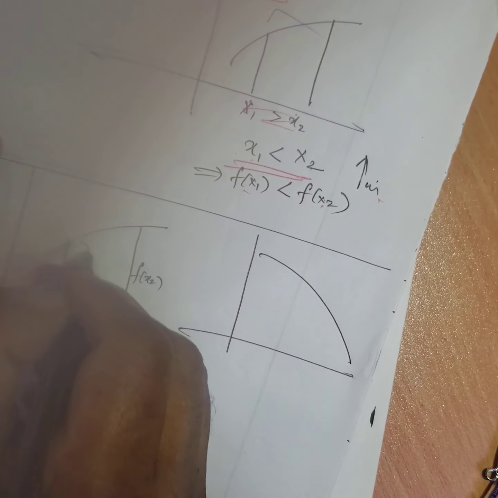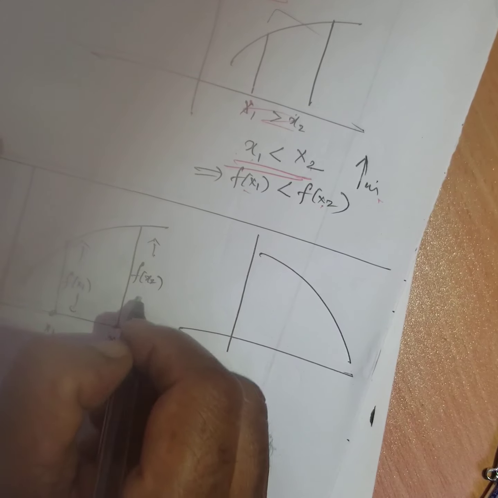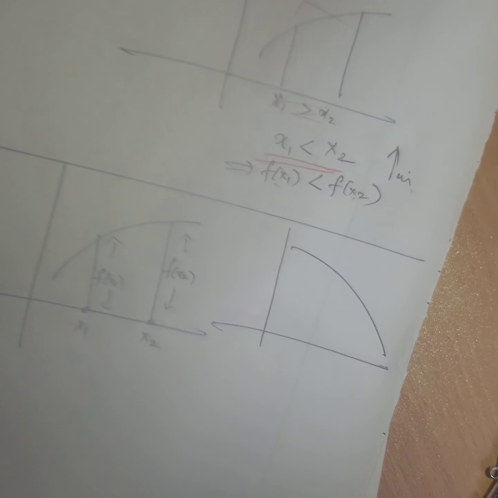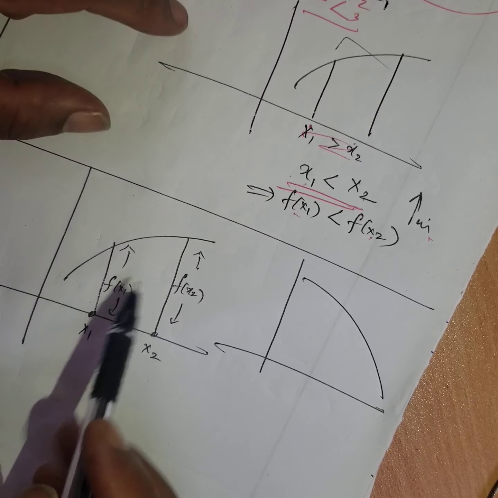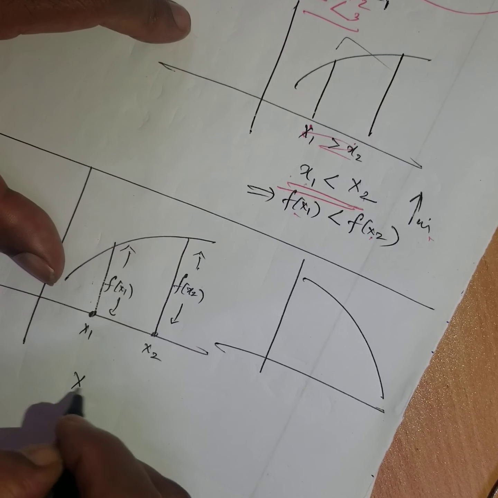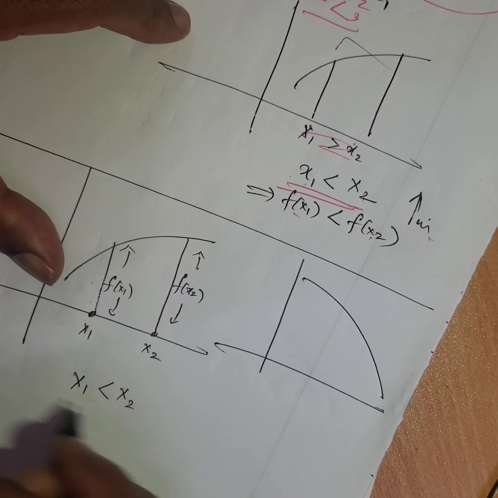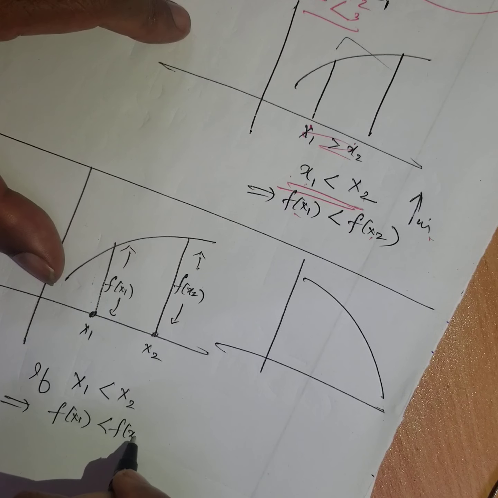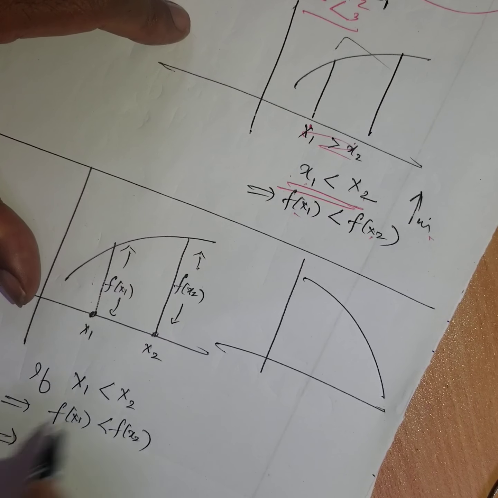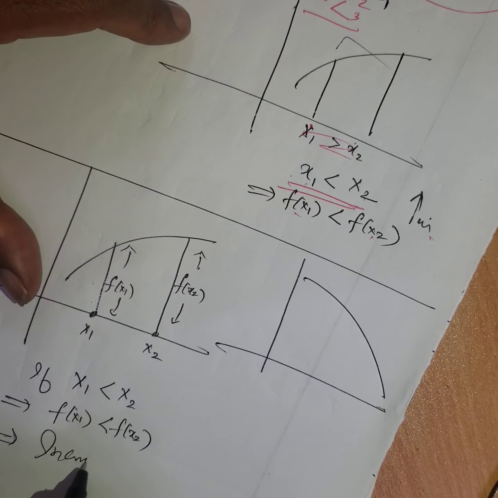Correct now? Right? Can you follow? Now, x1 is less than x2 implies function of x1 is less than function of x2. This is called what? Increasing function.